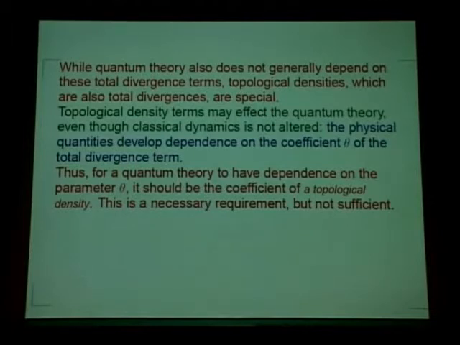So thus, for a quantum theory to have dependence on the parameter theta, which is the coefficient of the total divergence, it should be the coefficient of a topological density. This is a necessary requirement, but not sufficient.